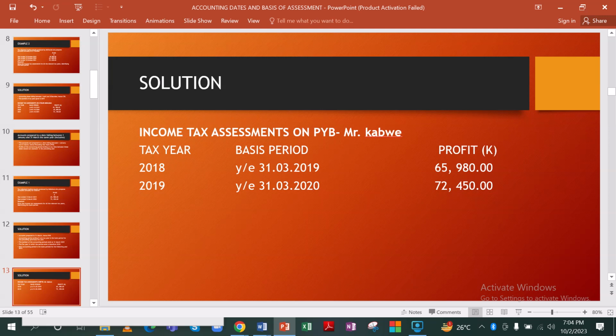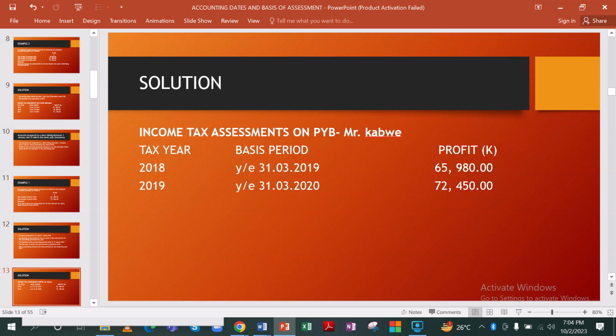So for tax year 2018, the income tax assessed will be coming from that which is generated in the year ended 31st March 2019. So that's what we are going to do here.